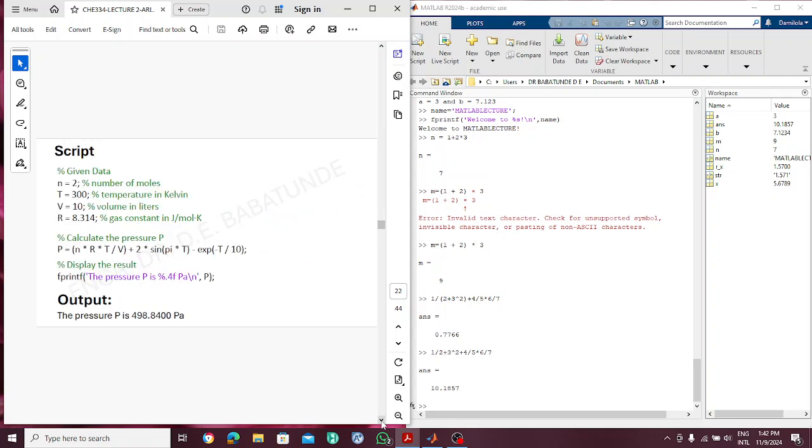So R is a constant, the value is 8.314 joule per mole Kelvin, which is consistent with the units that we are given for other things. And also we are given the volume to be 10 and the unit is in liters. We are given temperature, which is 300 Kelvin, and the number of moles to be 2.